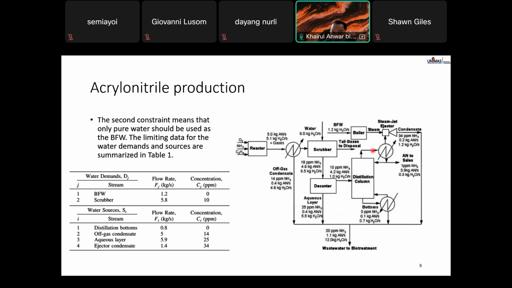All of it goes as a top product. So 0.8 is kg/h, and since there is no concentration of ammonia, it is 0 ppm.